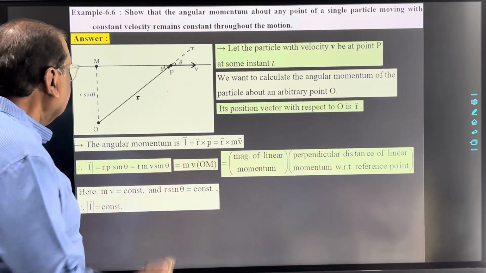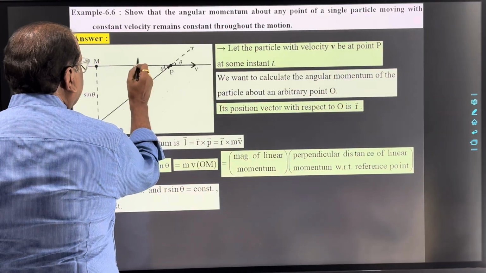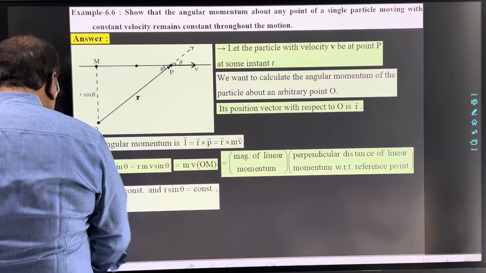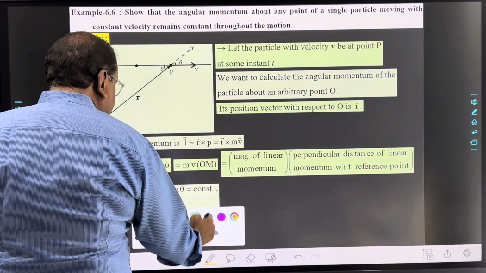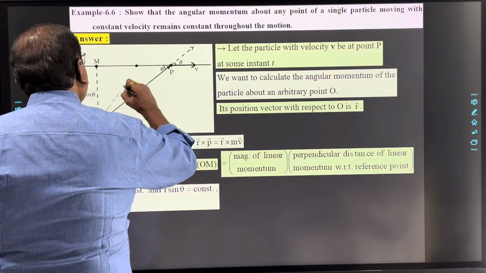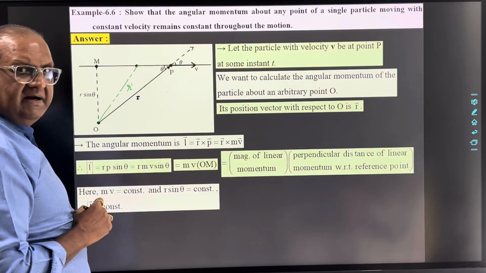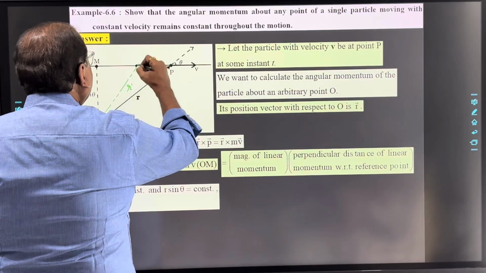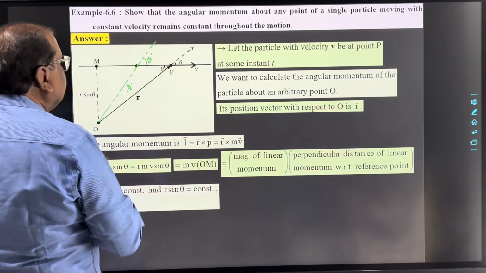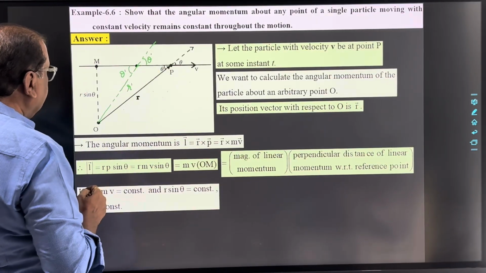Because see here, suppose at some instant your particle is somewhere here. Then in that situation you can take the position vector R dash, and suppose this angle is theta dash, so this will also be theta dash.